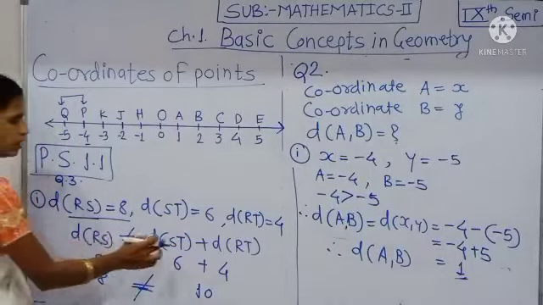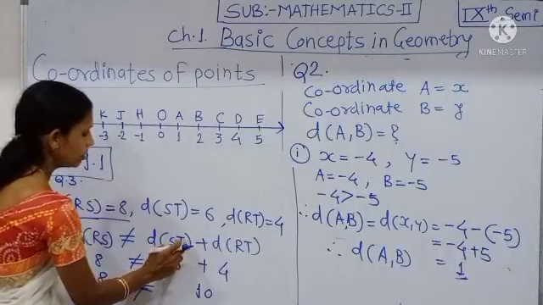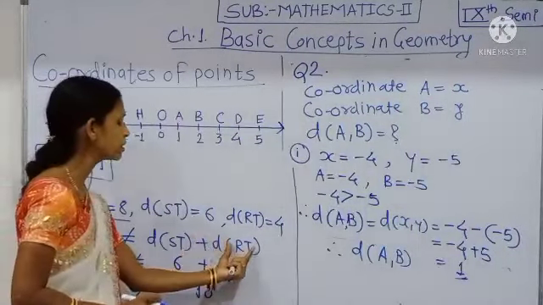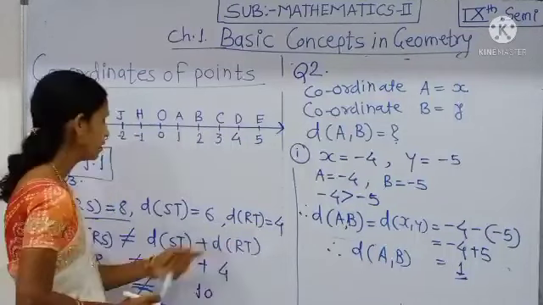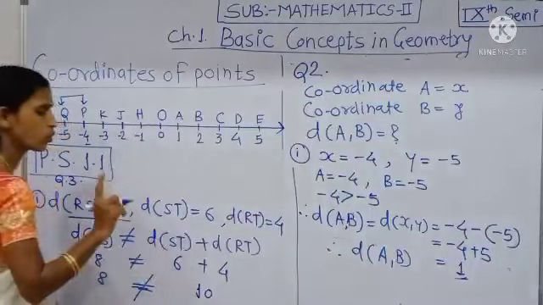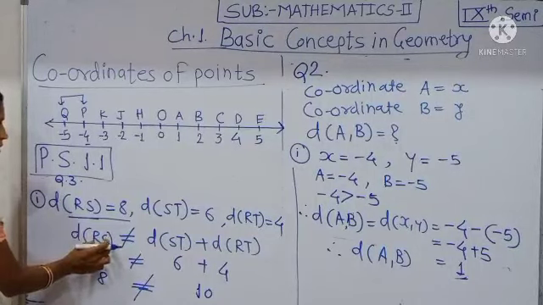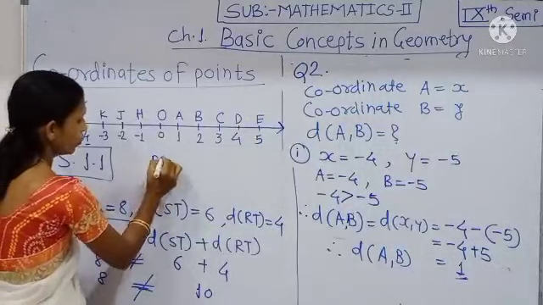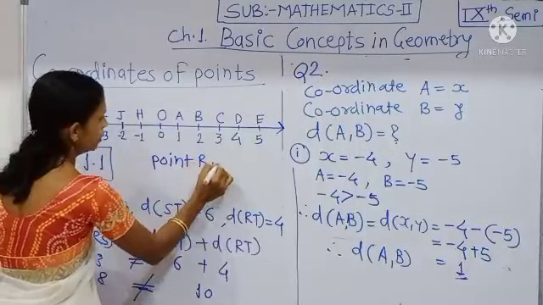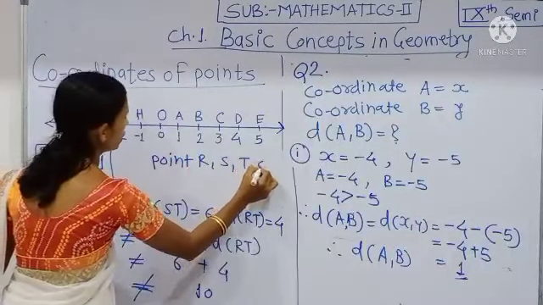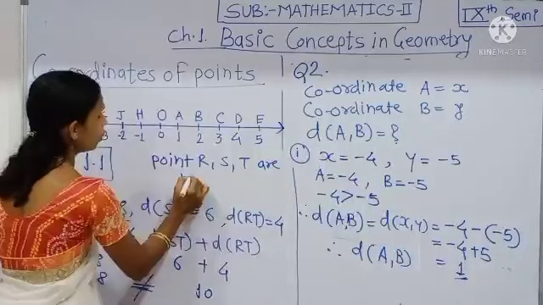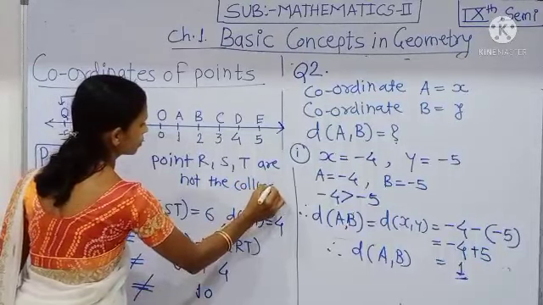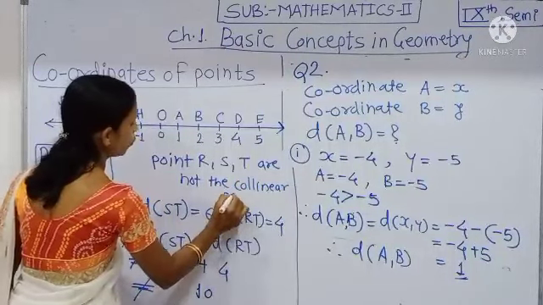That means the sum of the distance between ST and the distance between RT is not equal to the distance RS. Therefore, points R, S and T are not collinear points.